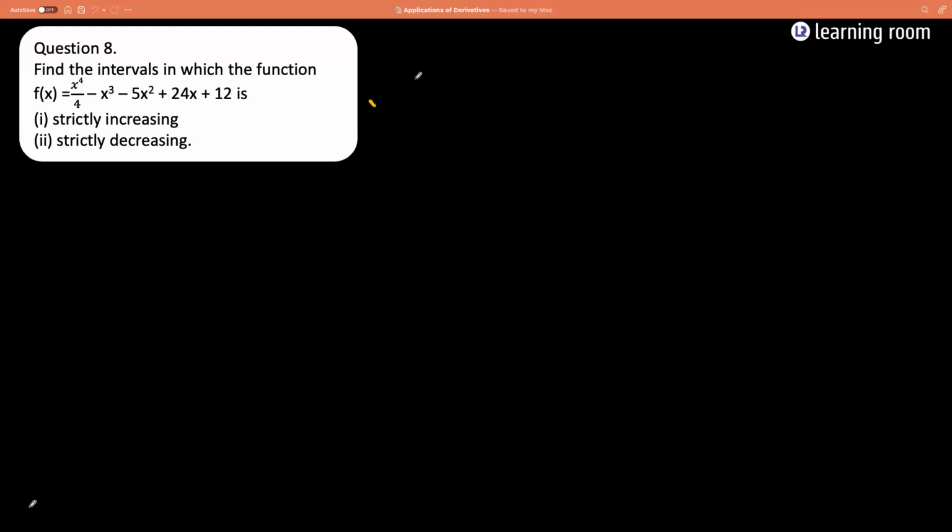Eighth one. Find the intervals in which the function f of x is equal to x power 4 by 4 minus x cube minus 5x square plus 24x plus 12 is strictly increasing. Solution. Do it fast.